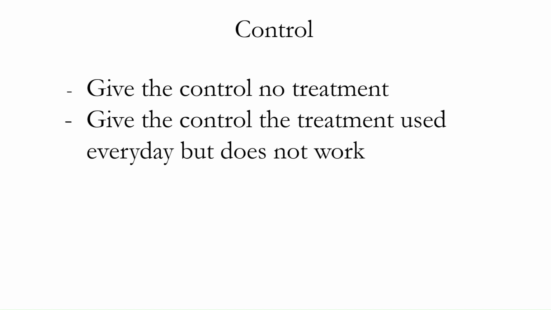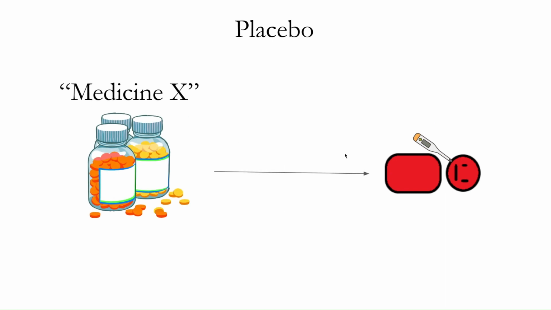But one thing I want to talk about specifically is the placebo pill. So what is placebo? Placebo is when you give a person with COVID medication X, but actually it's not even real medication X. It's just a fake pill, and you give him this fake medication X and he doesn't get cured.